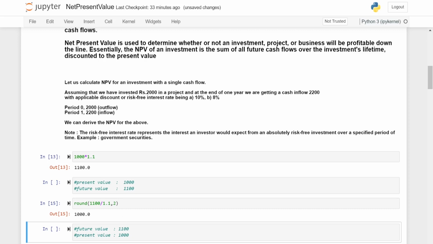In other words, the worth of 1000 rupees today is the same as the worth of 1100 rupees 1 year down the line. So today's money is worth more than what it is going to be worth tomorrow, right? That is time value of money. And this very concept is used while deriving net present value.